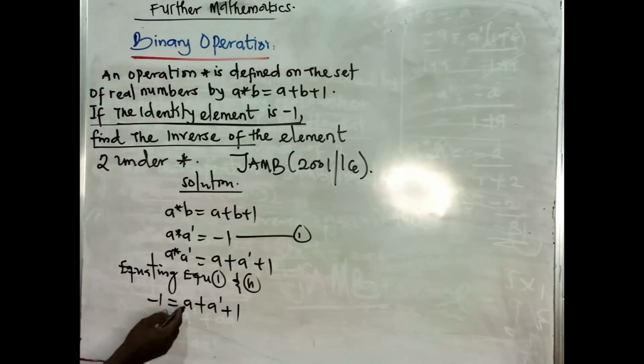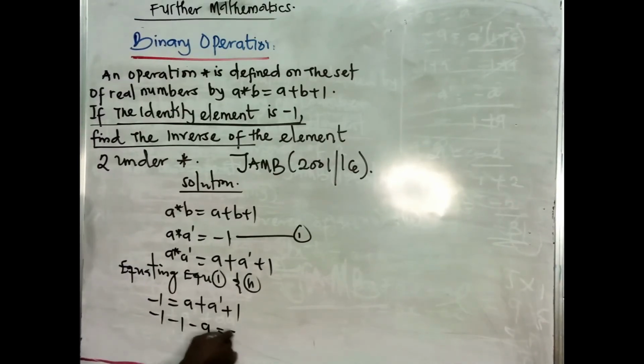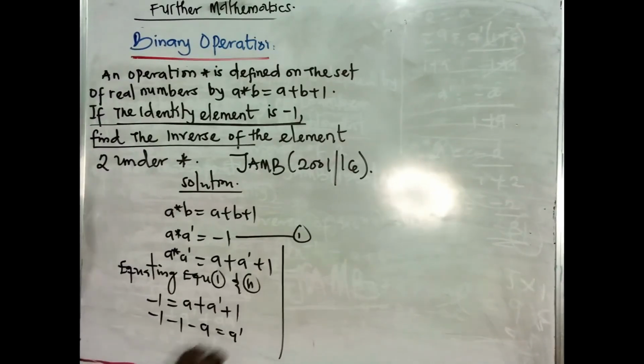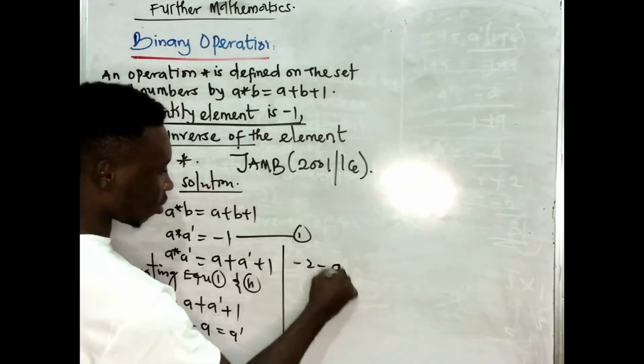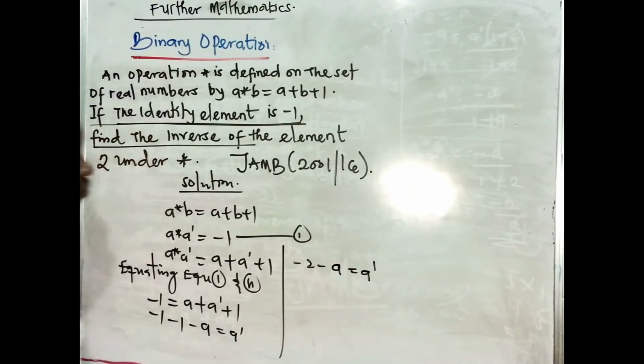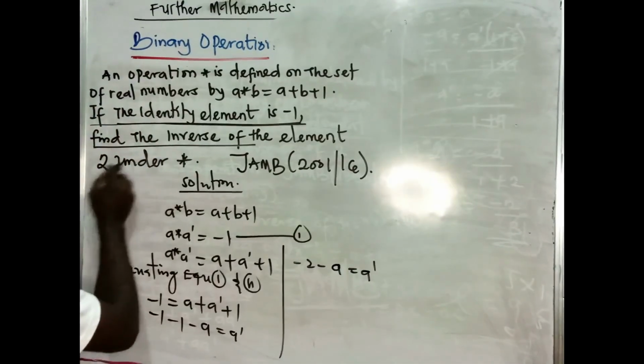Everything that doesn't have an inverse, move it to the other side. Collecting like terms, minus 1 minus a is equal to a inverse. So at this junction, this becomes minus 2 minus a is equal to a inverse.